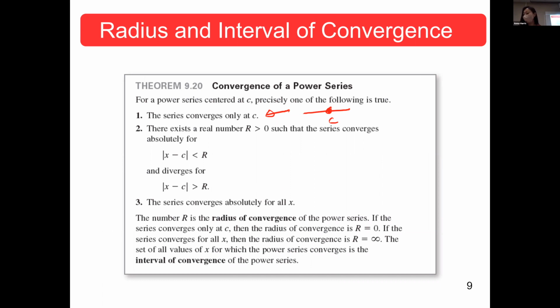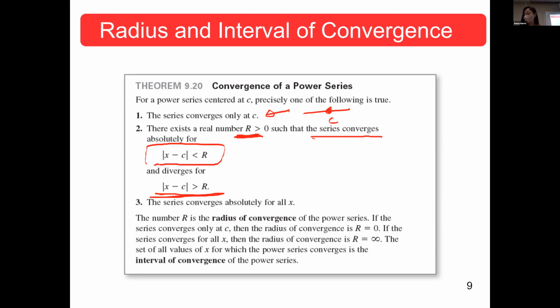There exists a real number R, which is the radius, such that the series converges absolutely when the absolute value of x minus the center is less than R. What happens if that's bigger than R? It diverges. That's the formal definition.